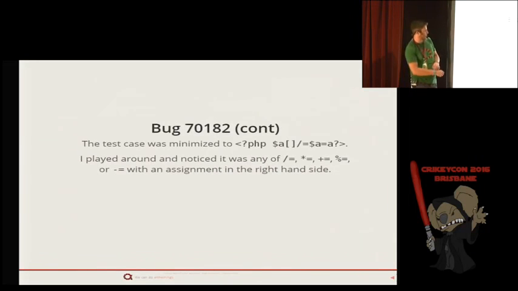The test case got minimized to this. For those of you that don't know PHP, that's just an opening tag to say it's a PHP file. That $A is a variable. We're appending something to the array, we're divide-equaling whatever that is, and sending it to $A, which is potentially an array, but at the moment it's nothing, and then we're sending it to A, which is just a constant string because it's not wrapped around anything.